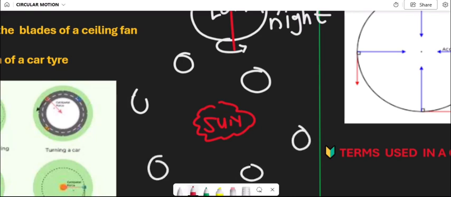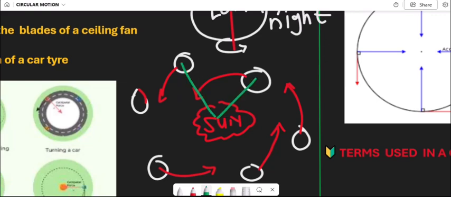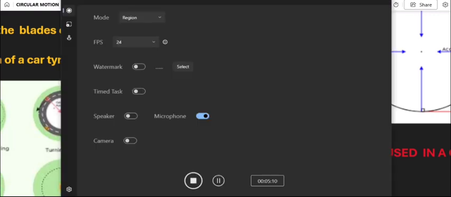These planets revolve around the sun. As they revolve around the sun, they move in a circular pattern, in which the sun is acting as the center while the planets are acting at the circumference. So this is a typical example of another circular motion.